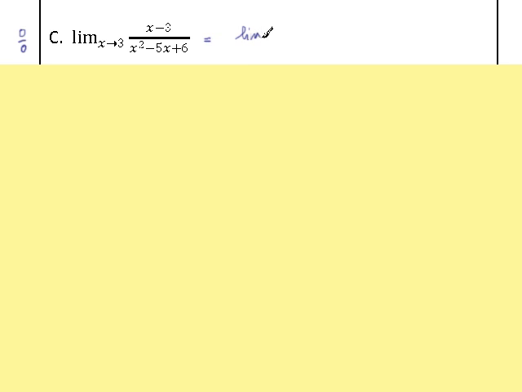So we're going to factor the denominator this time. That factors into x minus 3 times x minus 2. And we have this x minus 3 in the numerator, so we can just cancel these. And now we can take the limit by simply substituting in 3. So let's do that. So we have 1 over 3 minus 2, and that's equal to 1.